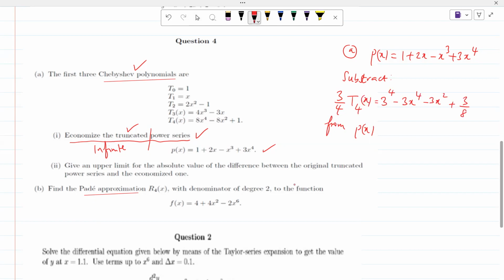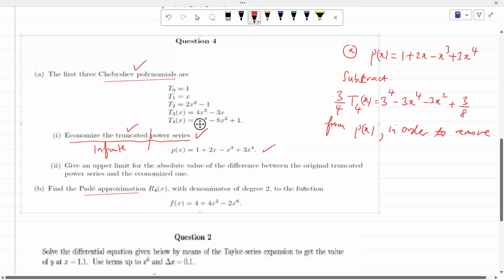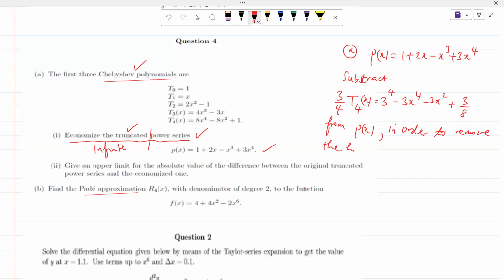And this subtraction is done basically in order to remove the highest order term, and to obtain the economized series.